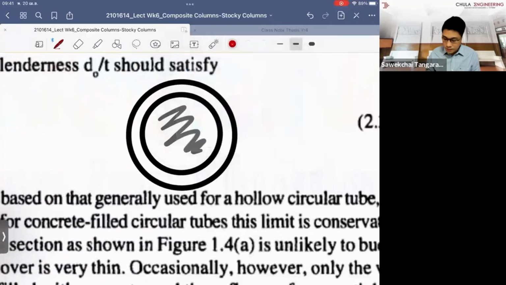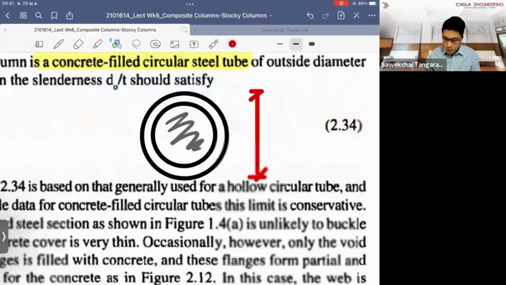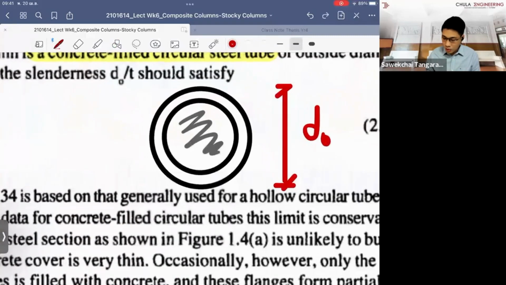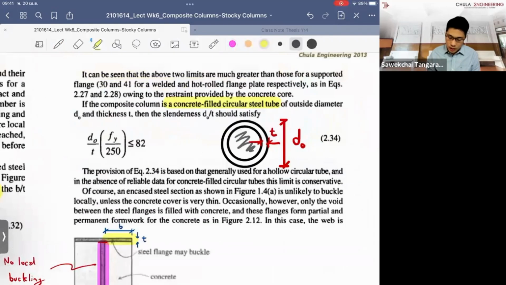B over T is considered by the outer diameter of the hollow section over the thickness T. The ratio that you're looking at is less than 82.